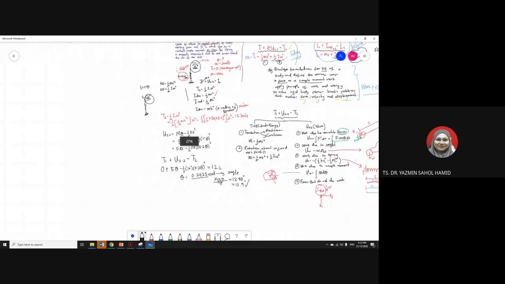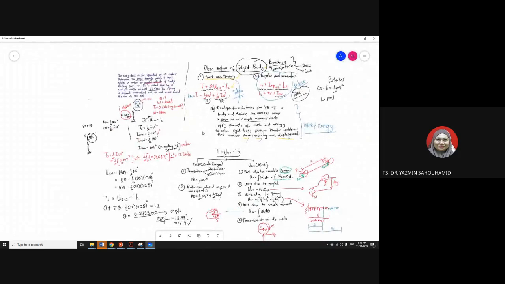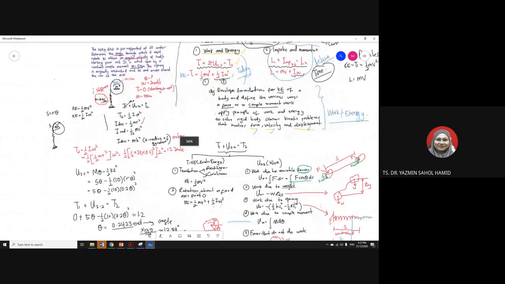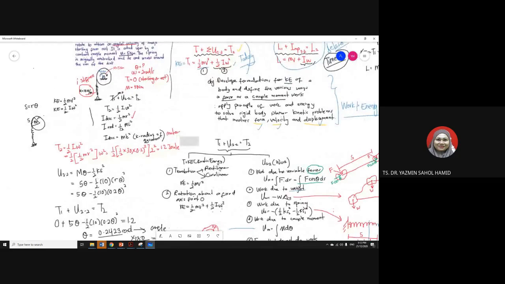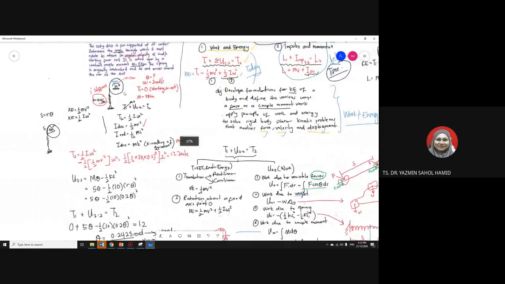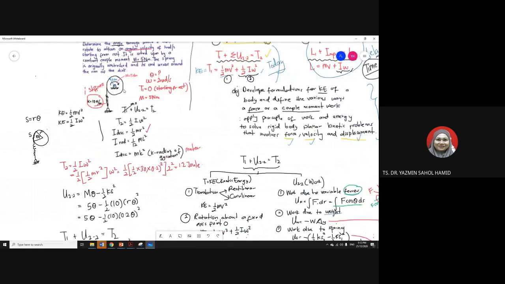Okay, so now let's recap what we have done. Basically number one, kita study about work and energy, principle of work energy for rigid body. Semua understand the formula is T1 plus work equals to T2 and student kena decide what is happening in the question. So for our question ni, what we notice is the disc is rotating only and nothing is moving.